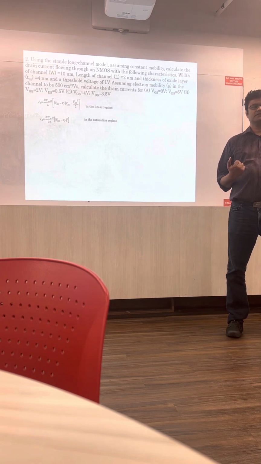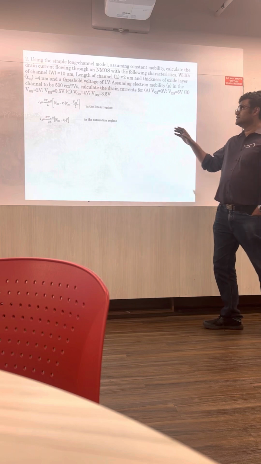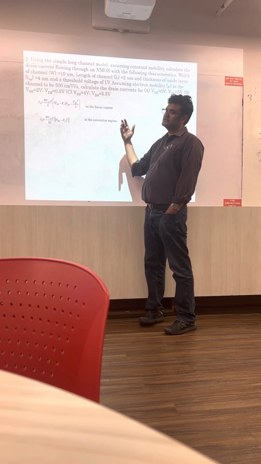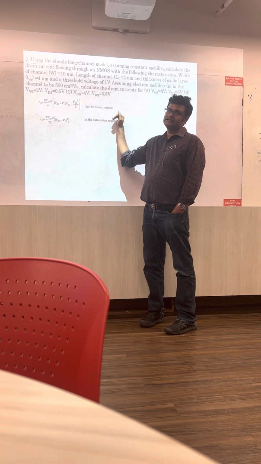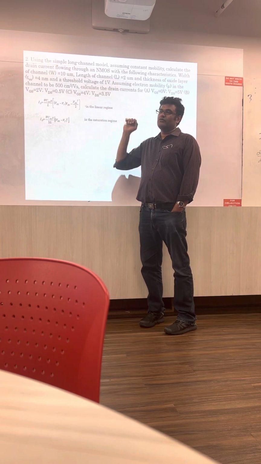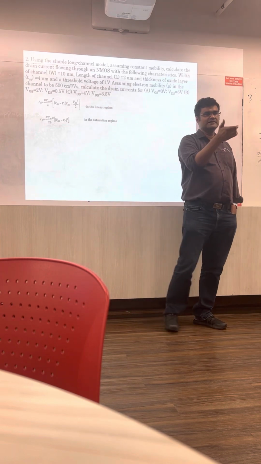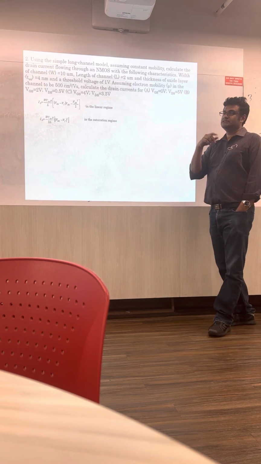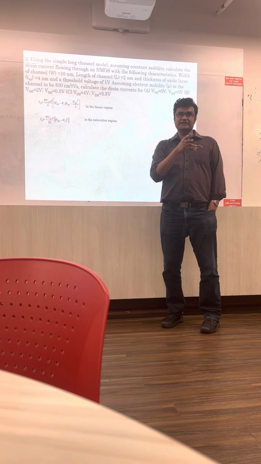VDS versus VGS. If the drain voltage is above a particular threshold, then you go into the saturation regime. If the drain voltage is below a particular threshold, it is in the linear regime. What is this threshold? It is in your lecture notes in lecture 2, I think.